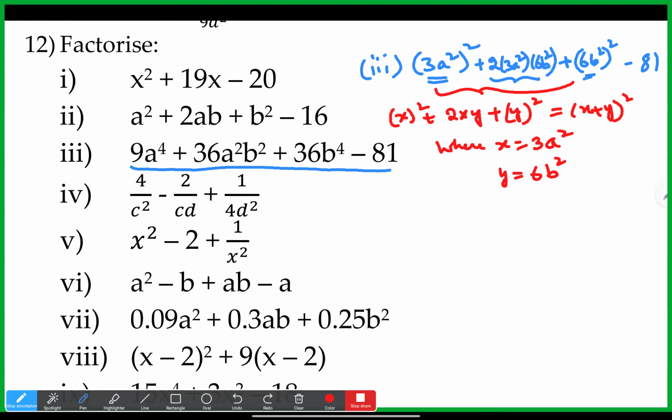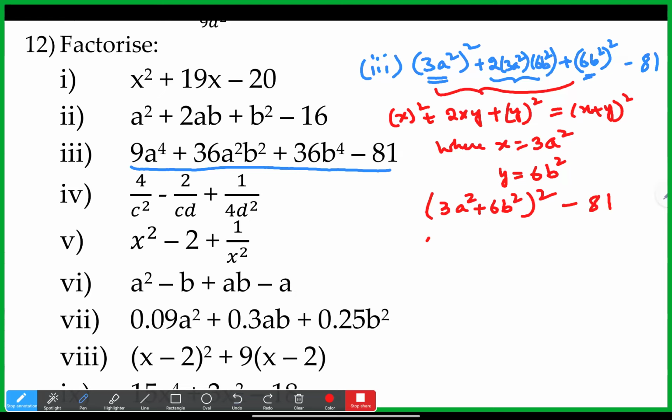So now the first part will become x plus y whole square, that is 3a square plus 6b square whole square. Simply like this, same like the second one, but here just numbers are there. Now minus 81.